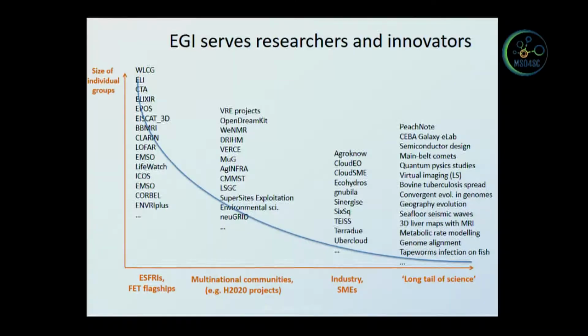This service catalog is there to serve different forms of customers or users. But roughly speaking, we are engaged with 4 types of customers or users. The largest one in terms of the size of individual groups is the research infrastructures from the S3 roadmap. So those of you who know, the S3 roadmap is the booklet which is issued by the European Commission to recognize the largest science discipline facilities, research infrastructure facilities around Europe.